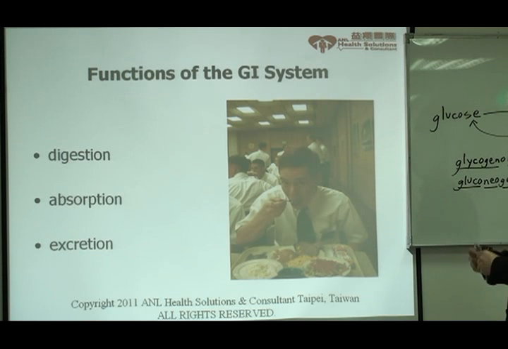You can also add number 4. What's another function of your GI system? Can you think of another function besides these three? Digestion, absorption, excretion. What else?